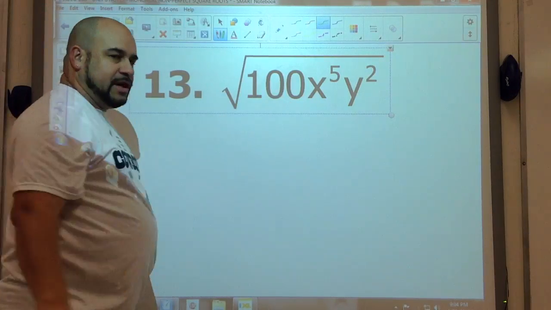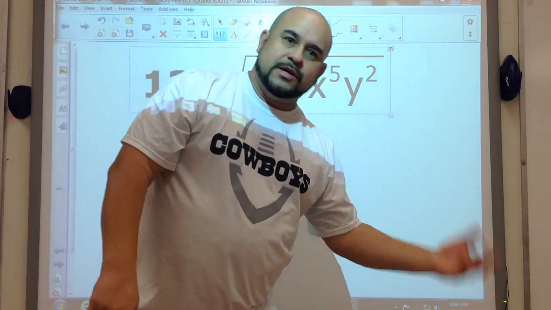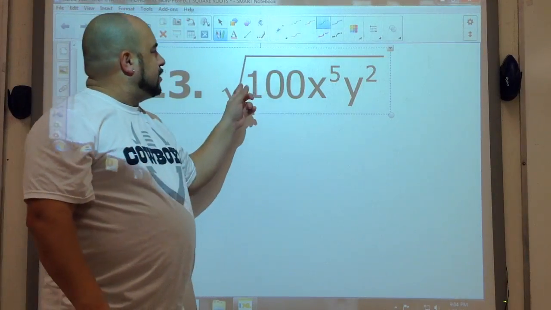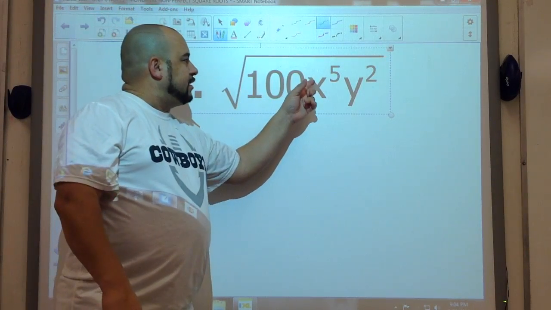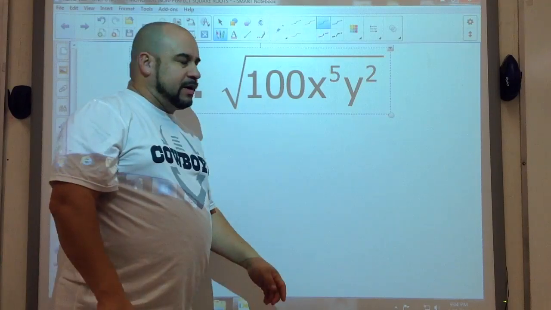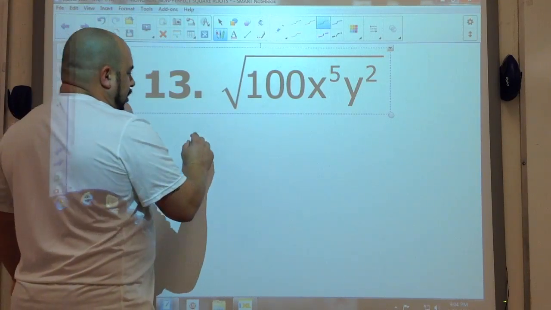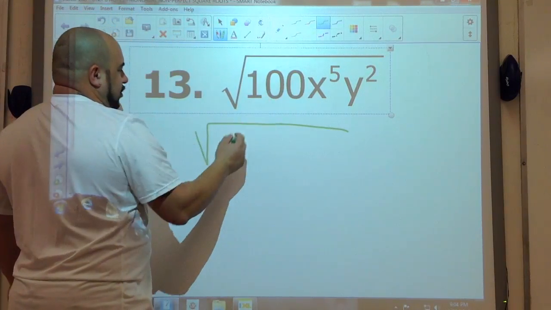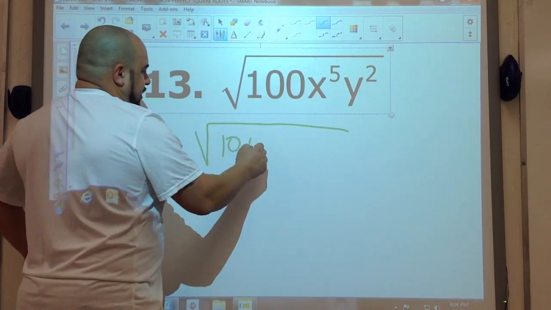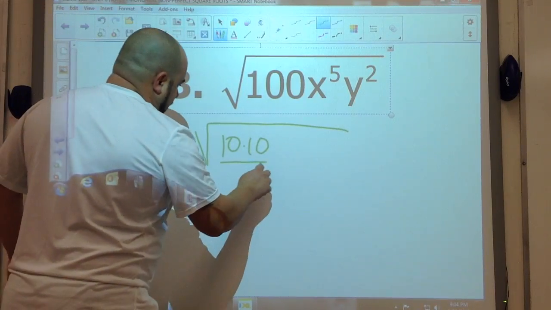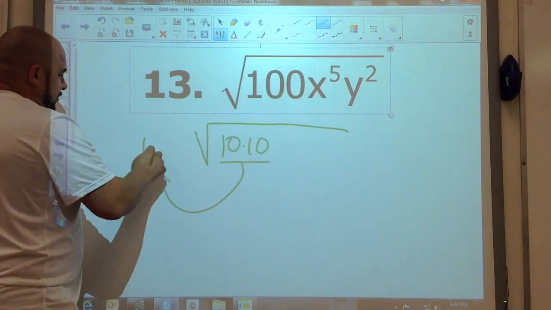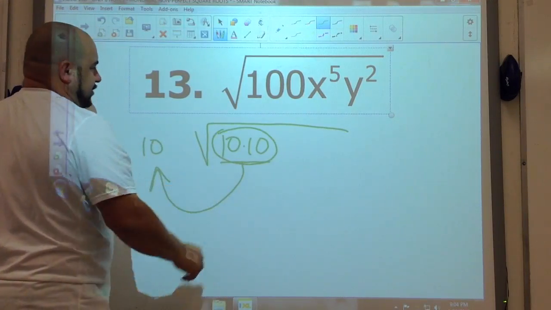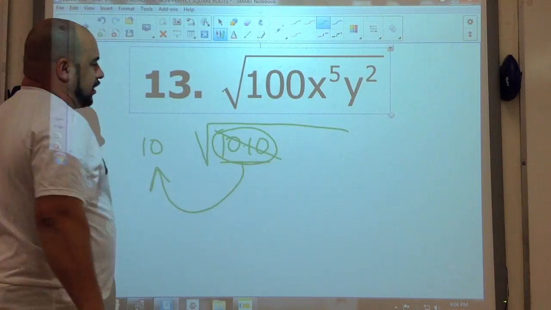Now we have a number in here. We have the square root of 100 times x to the 5th y squared. So hopefully by now you know that the square root of 100 is 10 times 10, and the square root of 100 is 10. So there's the one set. That can be gone.